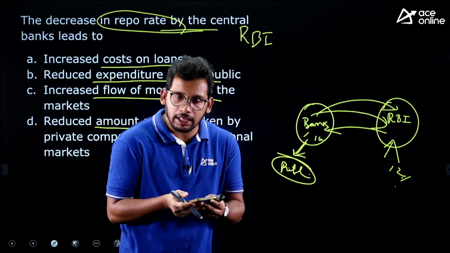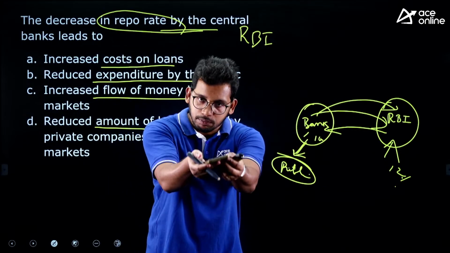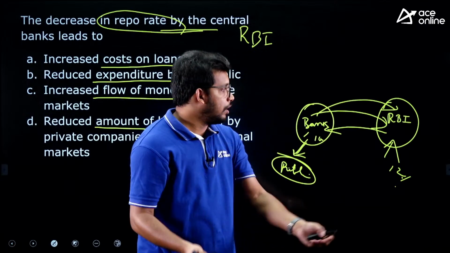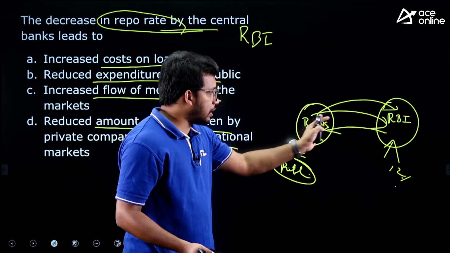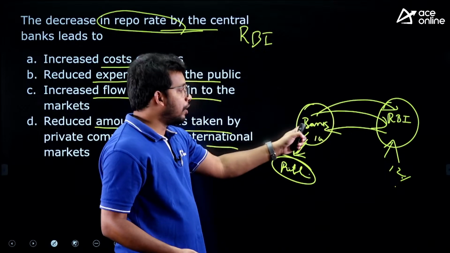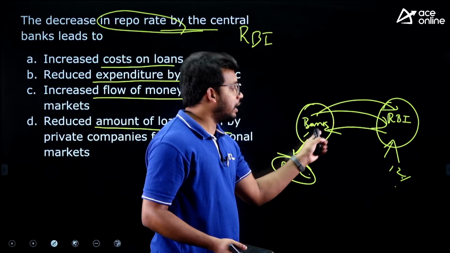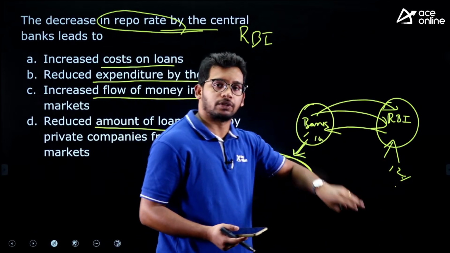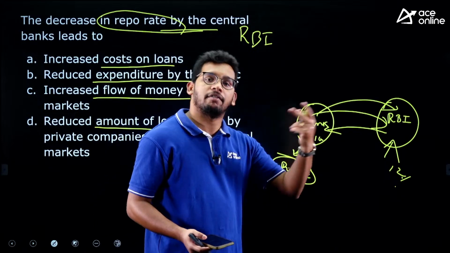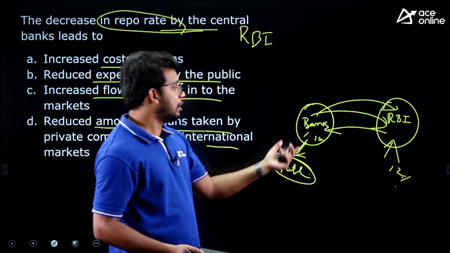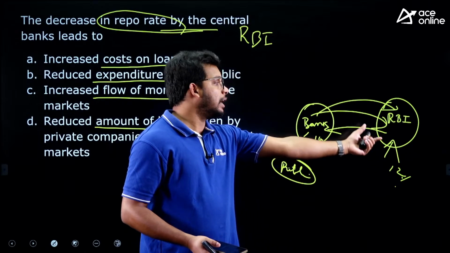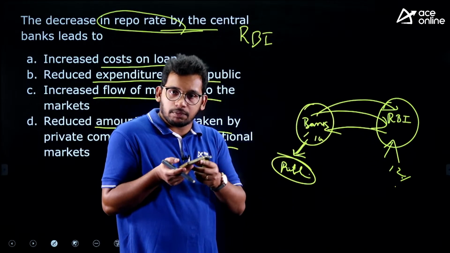So the RBI will say we have a bond, take this bond, 10 crore bond, and give us 10 crore now. In future we will give you an interest rate of 10%. So you are giving 10 crore now, we will give 11 crore after some time. Banks will give money to the RBI and keep the bond with them.